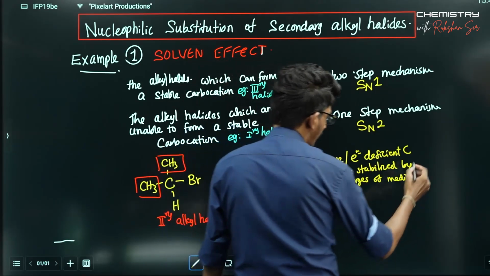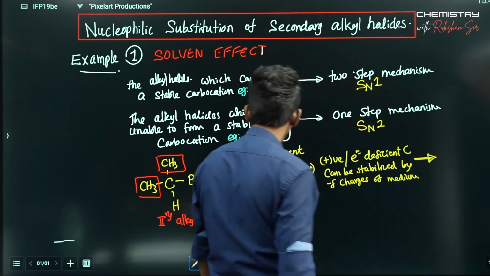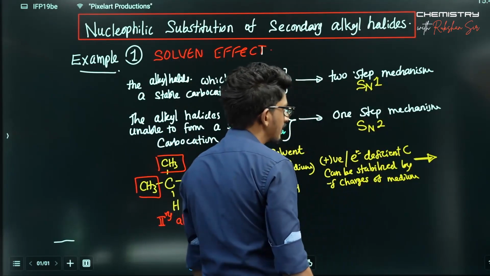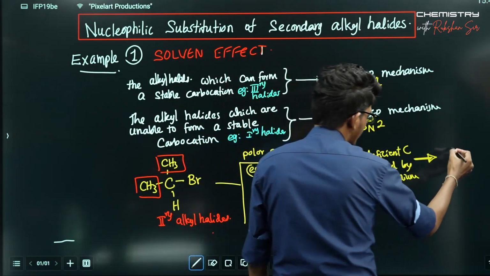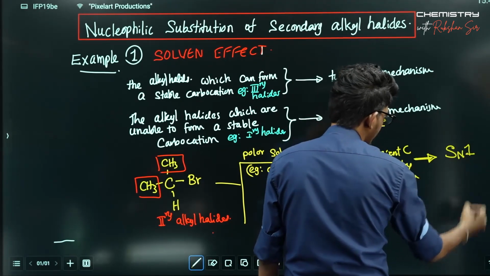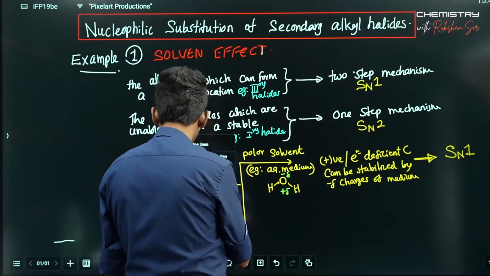So as the carbocation can be stabilized with a polar solvent, the SN1 mechanism, the two-step mechanism, will be preferred. The SN1, the two-step mechanism will be preferred, right?